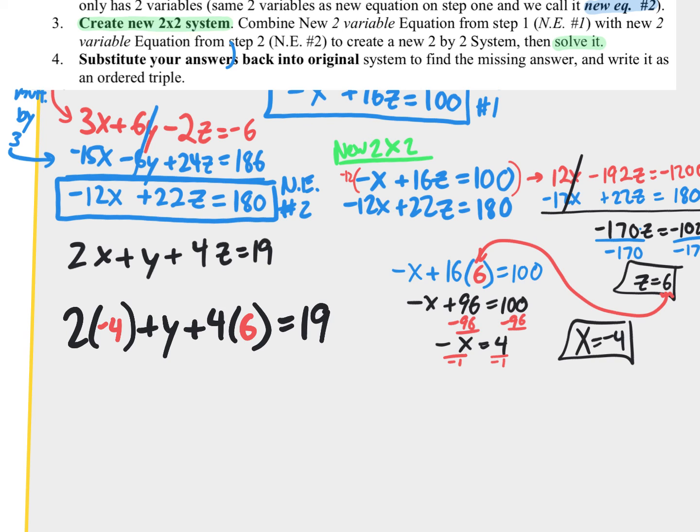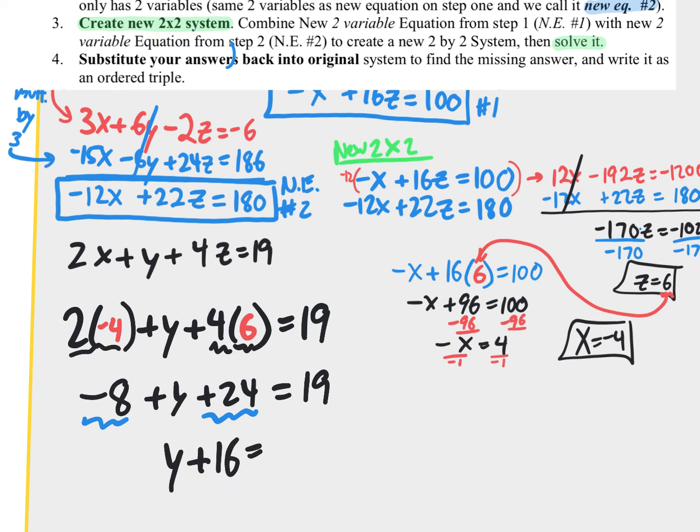Now all we need to do is solve it. 2 times negative 4 is negative 8, plus y. 4 times 6 is 24, equals 19. Combine like terms, negative 8, 24. What is that, 16? So we have y plus 16 equals 19. Final step, subtract 16, y equals 3.